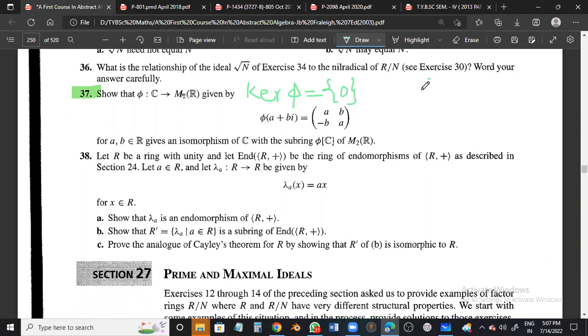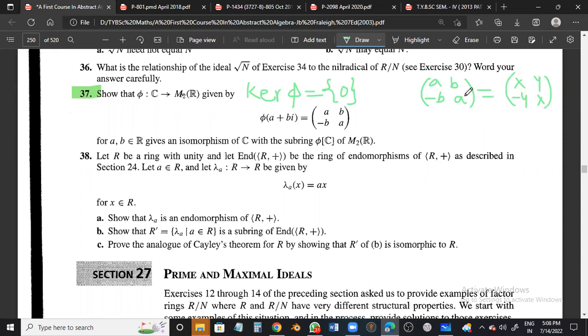So suppose we have the matrix A, B, minus B, A equal to, suppose we have X, Y, minus Y, X.